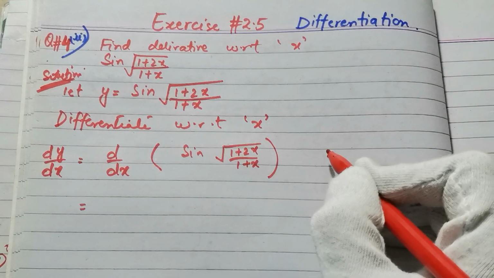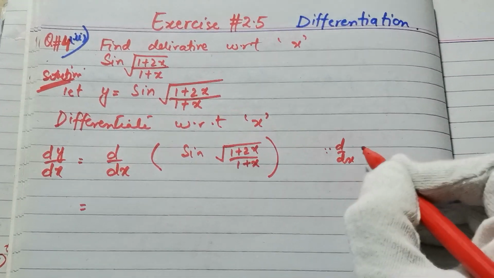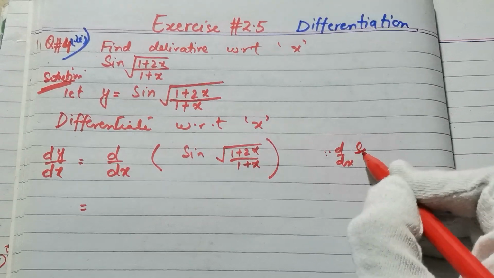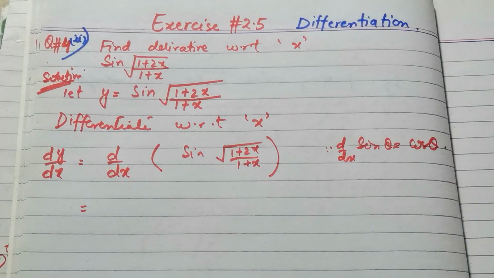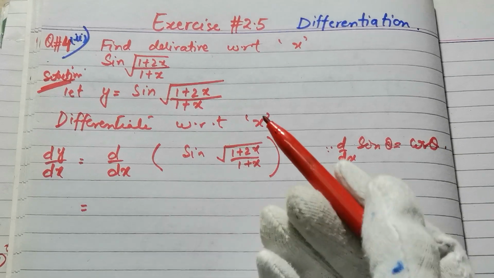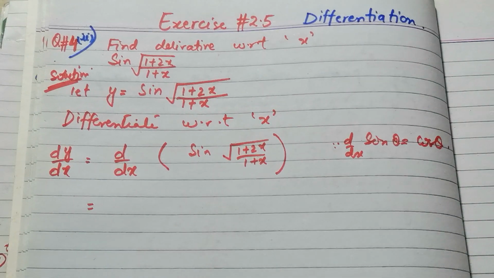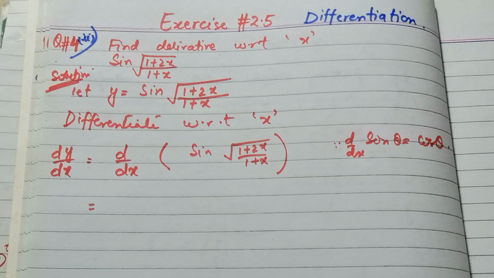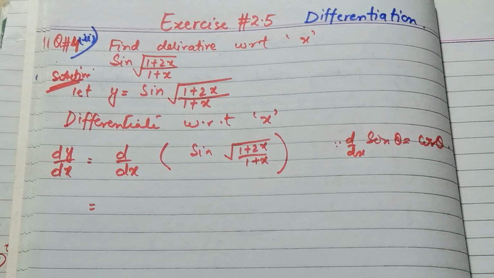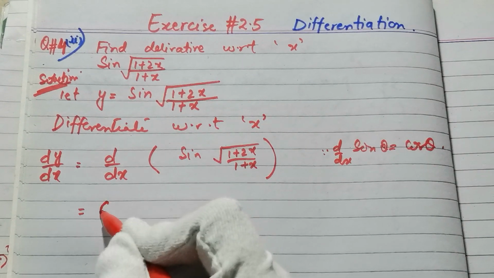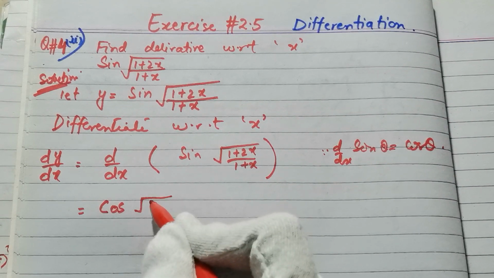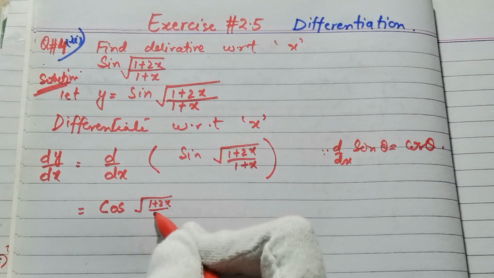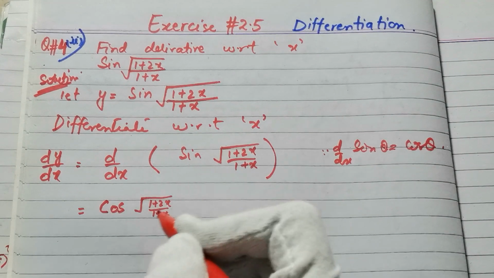The derivative of sine theta is positive cos theta. So cos theta, where theta is (1 plus 2x) divided by (1 plus x).